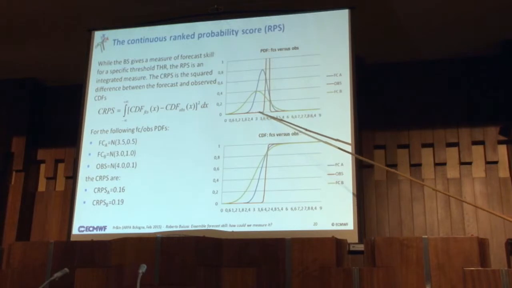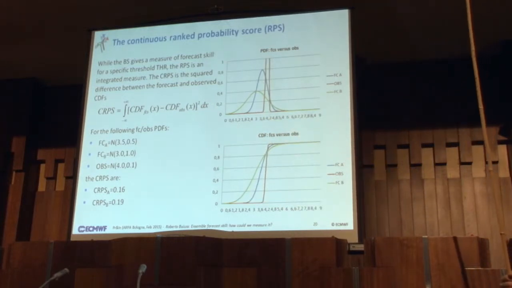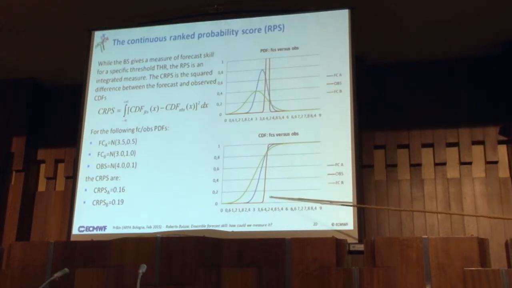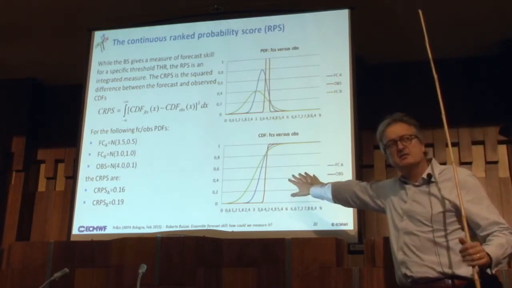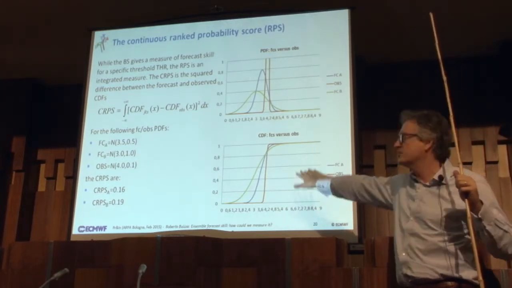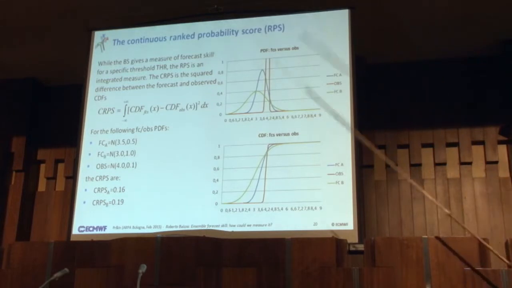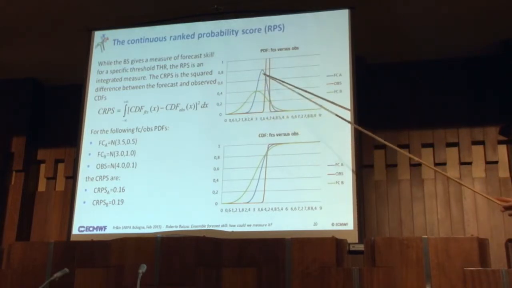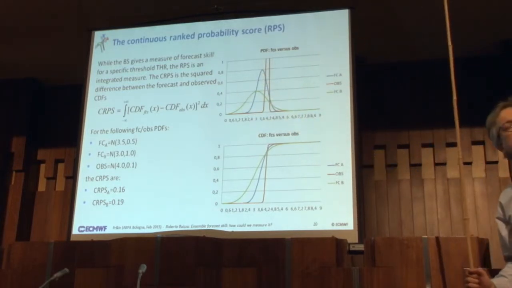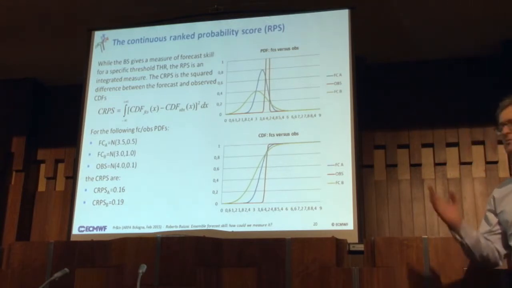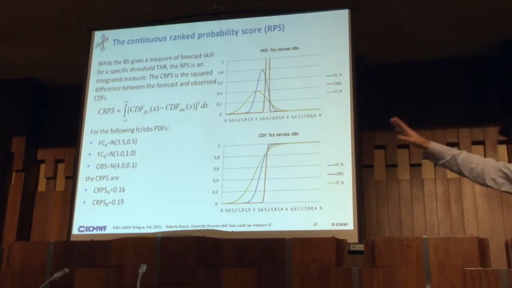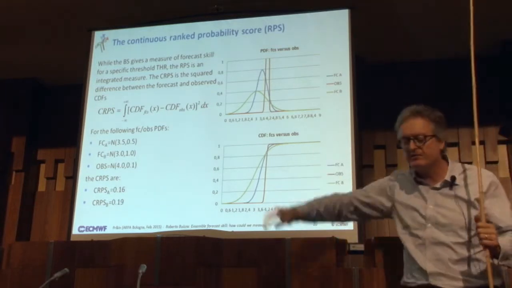Now you integrate and you can compute the cumulative distribution function that tells you something about the probability that I see more than 3 degrees or more than 4 degrees and so on. So we are in this space. We can compute it at each grid point using our ensemble, because our ensemble will give me 51 points and I can estimate this. It will not be a Gaussian, it will maybe be a bimodal distribution, doesn't matter. I can still integrate it and build this CDF.